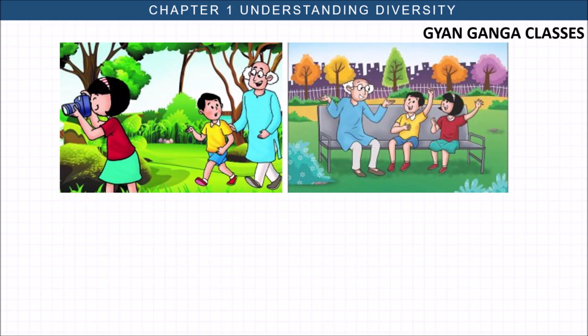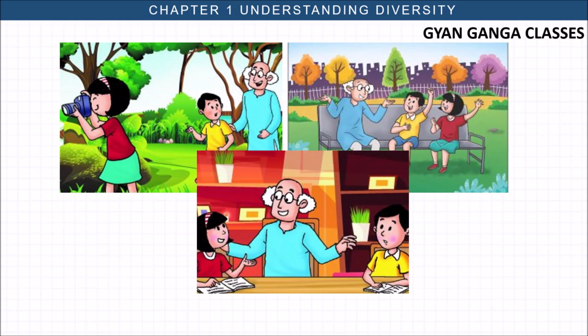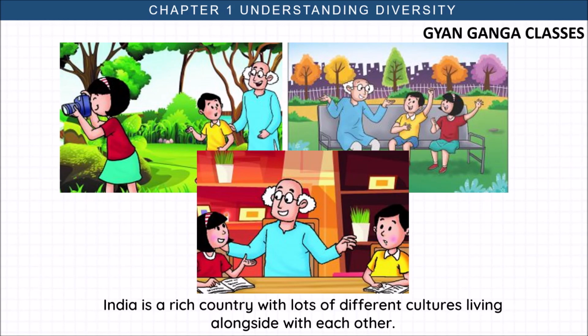So this way their holiday ended by seeing different cultures of India. As a last thing, they said, yes Dadaji, India is a rich country with a lot of different cultures living alongside each other. They speak different languages, and have different dance forms, food, festivals, religion, and so much more.